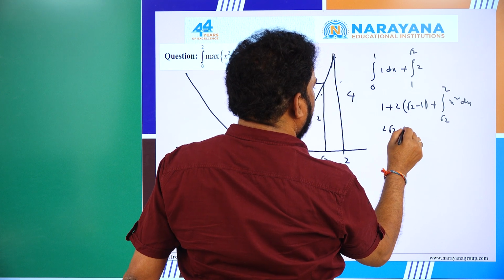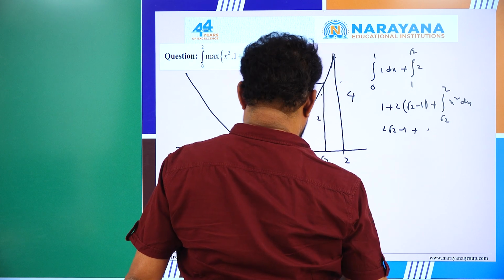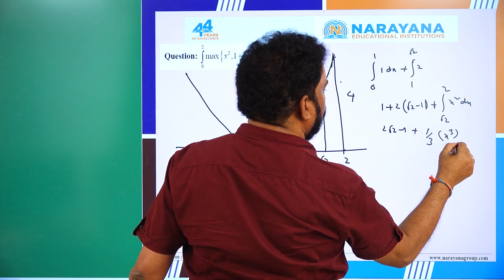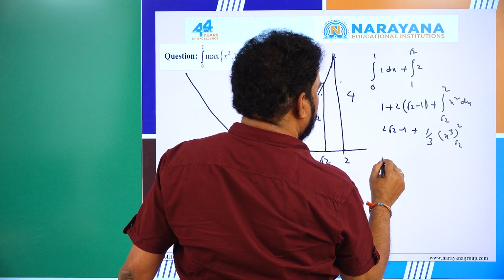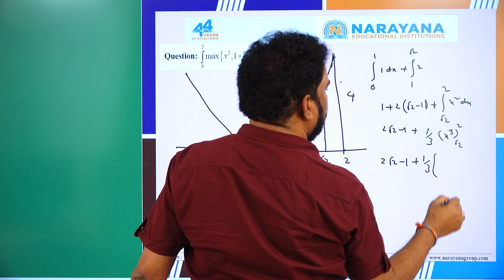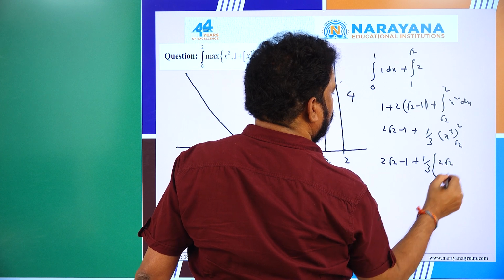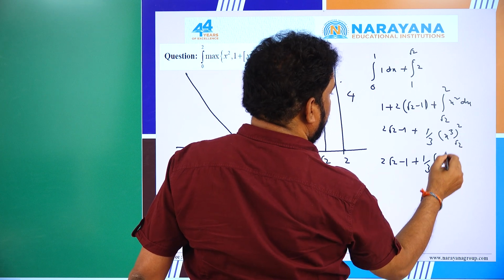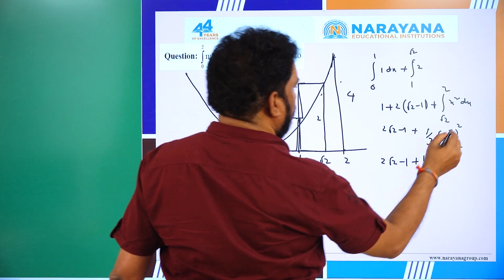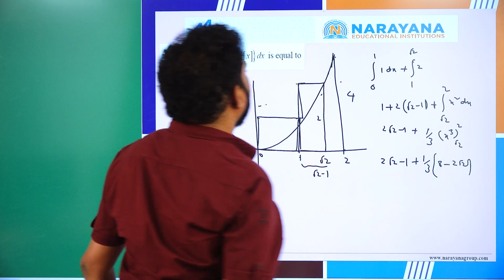So 2 root 2 minus 1 plus this is 1 by 3 into x cube, root 2 to 2. So 2 root 2 minus 1 plus 1 by 3 into root 2 whole cube, which is 2 root 2. Upper limit 2 cube is 8, sorry. Upper limit 2 cube 8 minus root 2 whole cube is 2 root 2. So simplify this, you will get the answer.